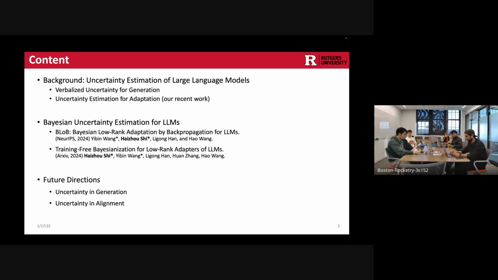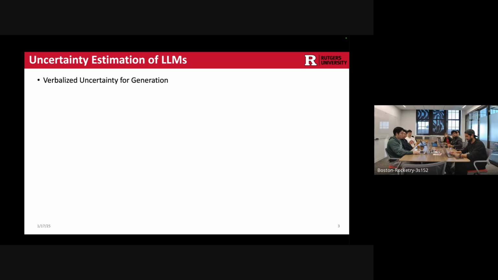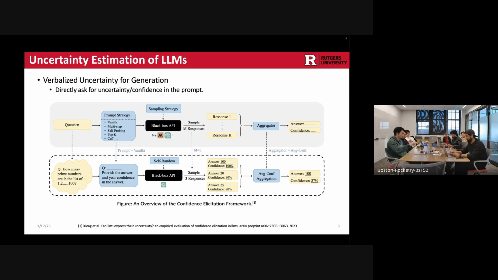So first of all, the most popular way that people do uncertainty estimation in large language models is what we call the verbalized uncertainty. The word verbalized stands for the action of directly asking the models about the uncertainty or the confidence score in the prompt. So this is a general framework that people use.